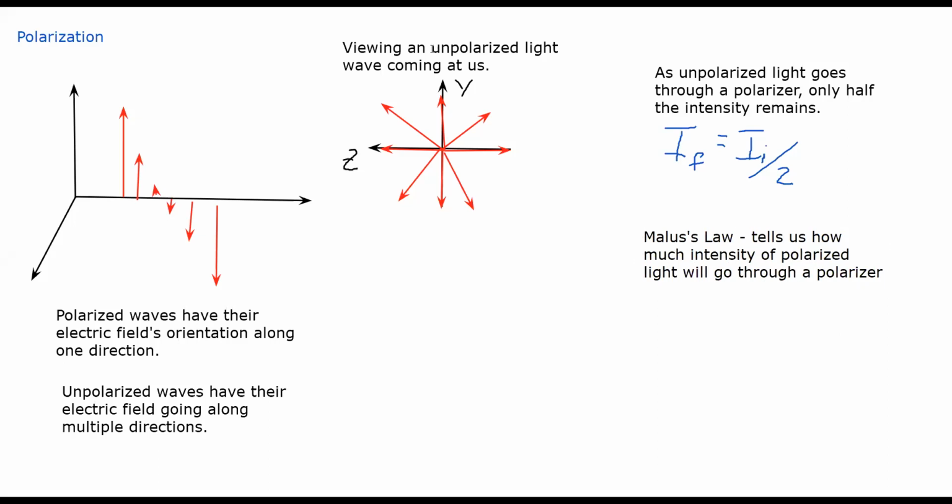I'll write down the equation. Your intensity after the polarizer equals your intensity before the polarizer times cosine squared theta.